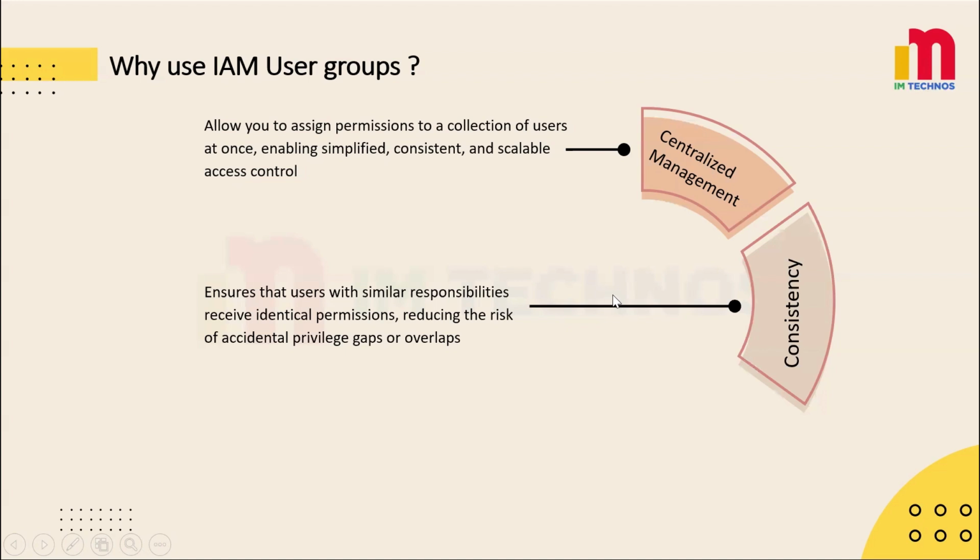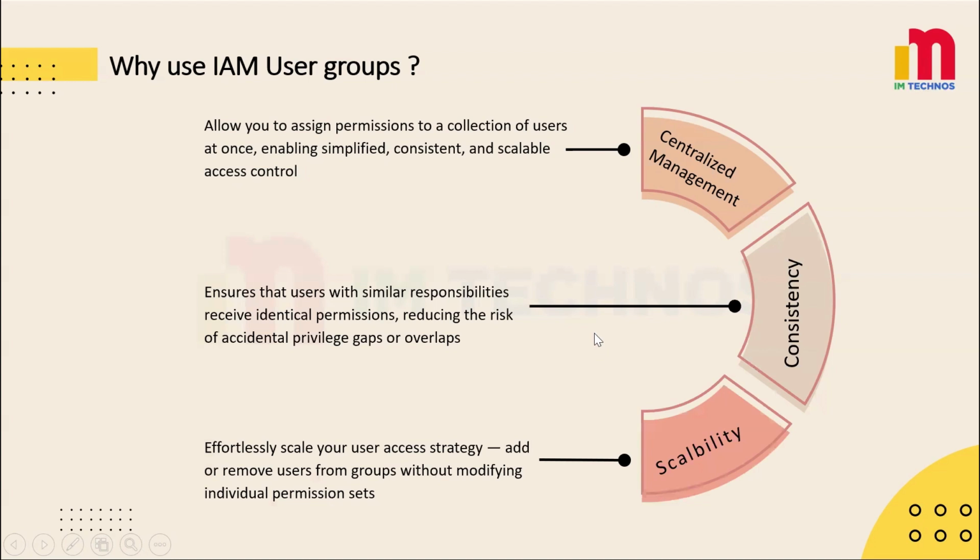This ensures that everyone with a similar role or responsibility has the same level of access, reducing the chances of misconfigurations. Finally, scalability. As your organization grows, managing access through user groups makes it easy to onboard or offboard users. You simply add or remove users from a group without needing to reconfigure their permissions individually.